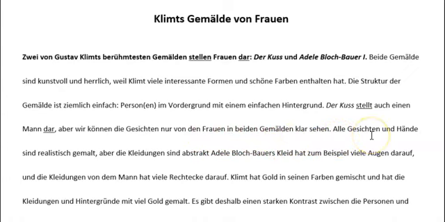Alle Gesichten, all faces und Hände and hands sind realistisch gemalt, aber die Kleidungen sind abstrakt. Oh, I missed a period there. Adele Bloch-Bauer's Kleid, her dress, hat zum Beispiel, here's that zum Beispiel, viele Augen darauf. And here's an example of our da compound.